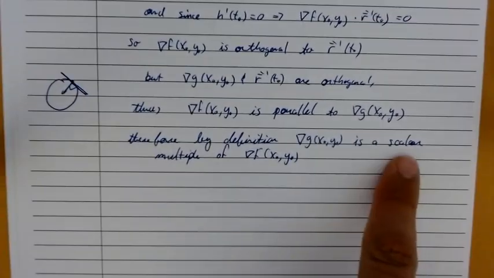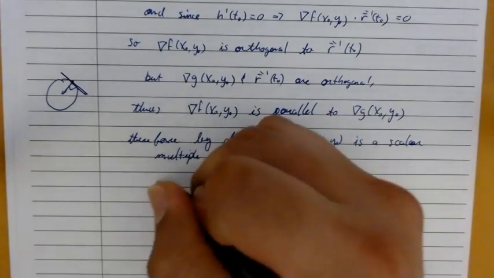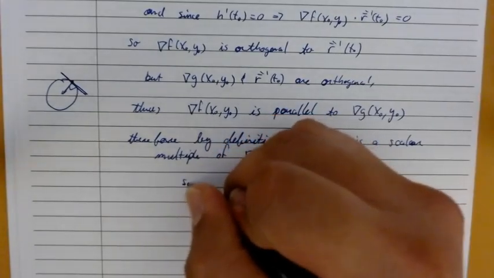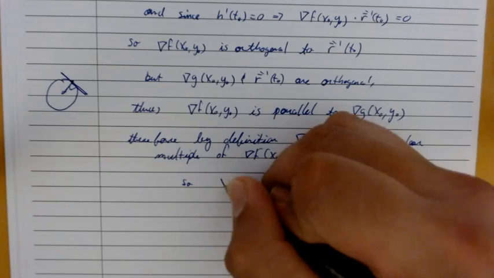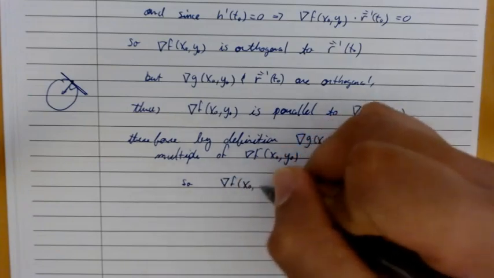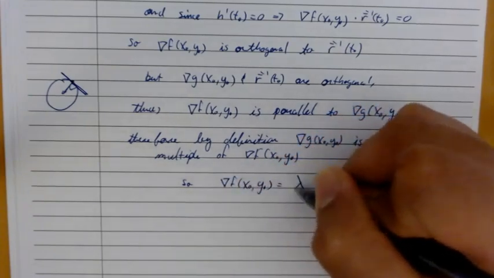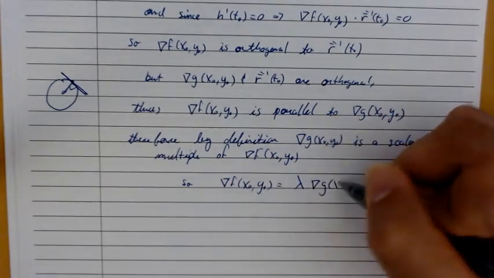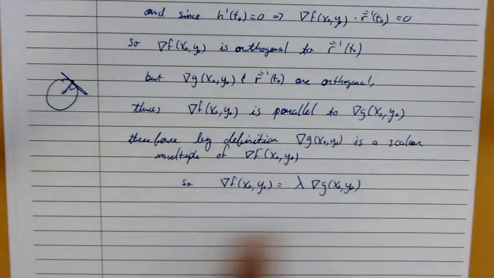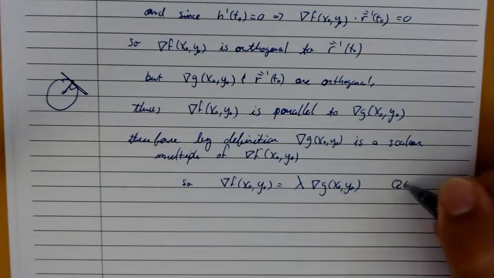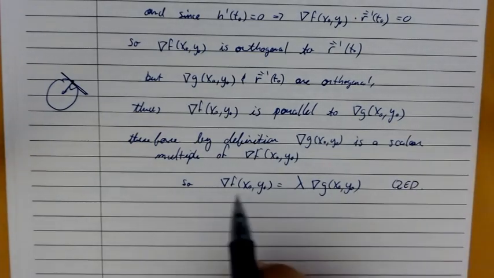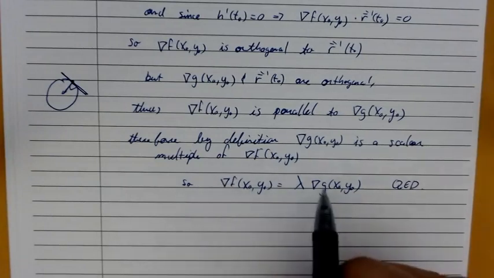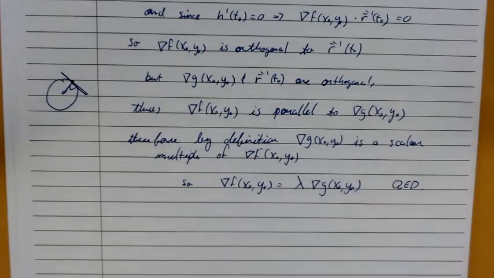And since it's just some scalar, we may as well call it lambda, because why not? So the gradient of f at x naught comma y naught is equal to some scalar times the gradient of g at x naught comma y naught. And that concludes our proof. That's what we wanted to show, that the gradient of f, the objective function, is equal to some scalar multiple, lambda, times the gradient of the constraint function. And that makes us happy.